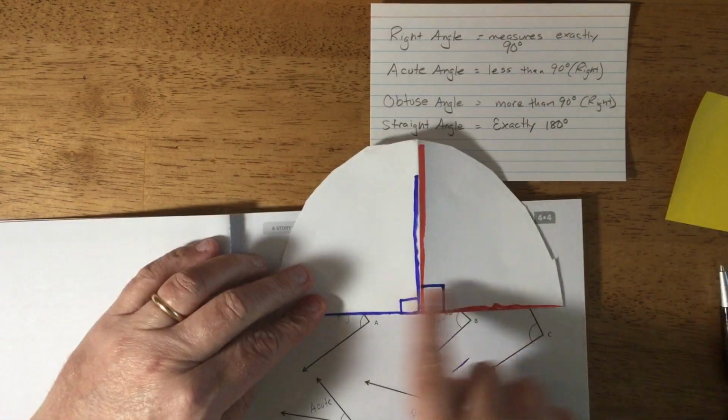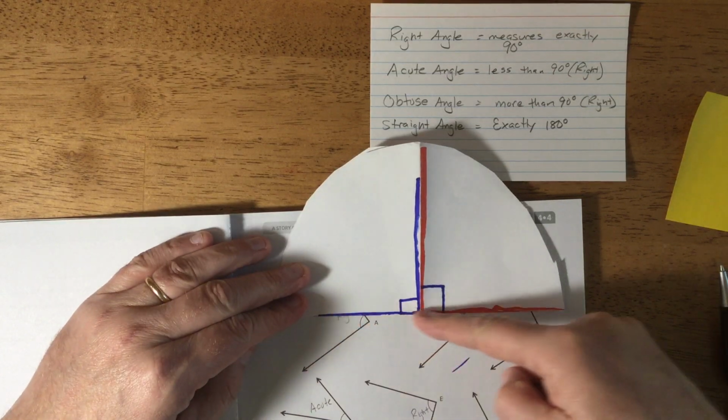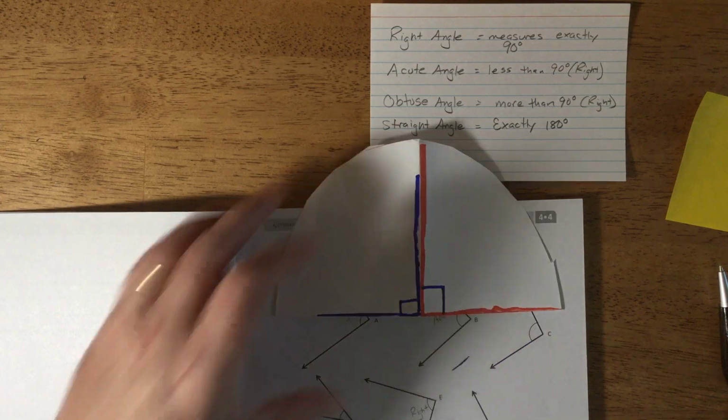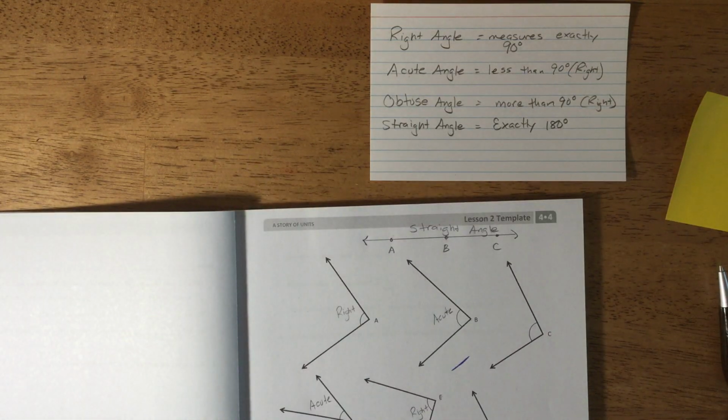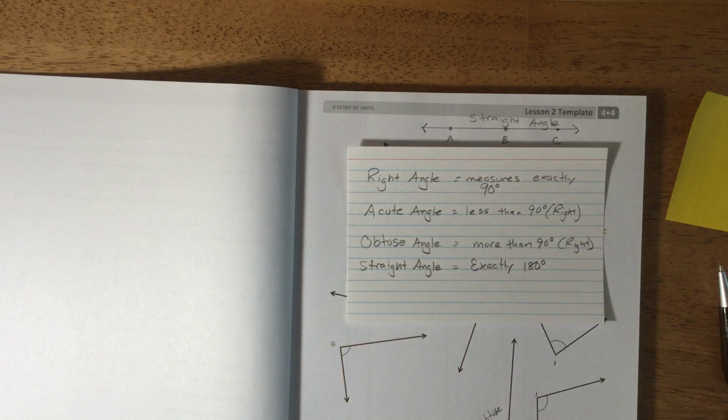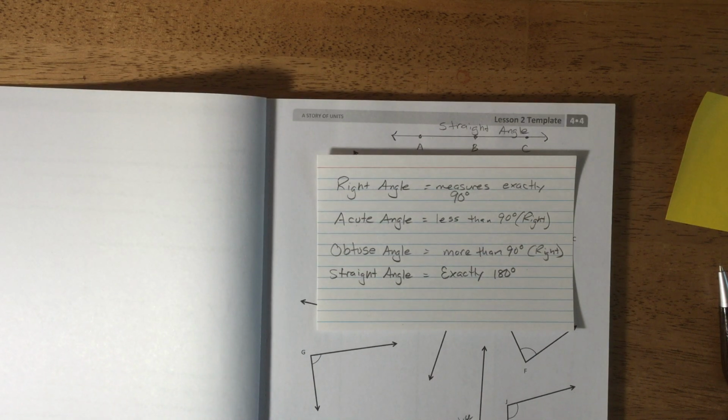If I took those two right angles, notice at the bottom I have a straight line. So that would be a straight angle. Okay, so that is the first couple things in today's lesson that I want you to be aware of, the types of angles that we have. Right angles, obtuse angles, acute angles, and straight angles.